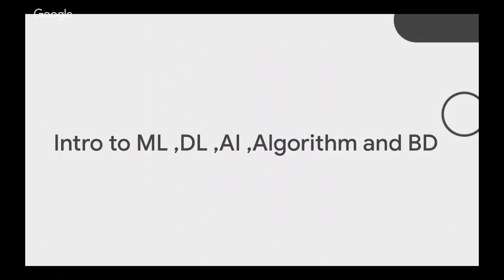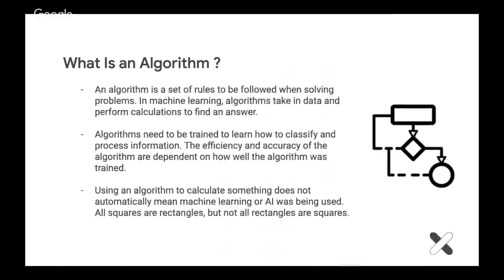Quickly, I wanted to go through what machine learning is, what deep learning is, and AI and so on. So I will start with algorithm. Usually we hear the word algorithm inside each talk, inside each video we see on the internet or YouTube. An algorithm is a couple of steps you need to solve a certain problem.